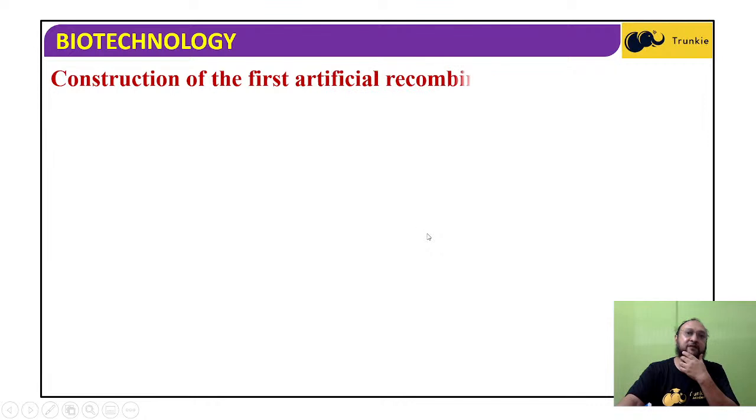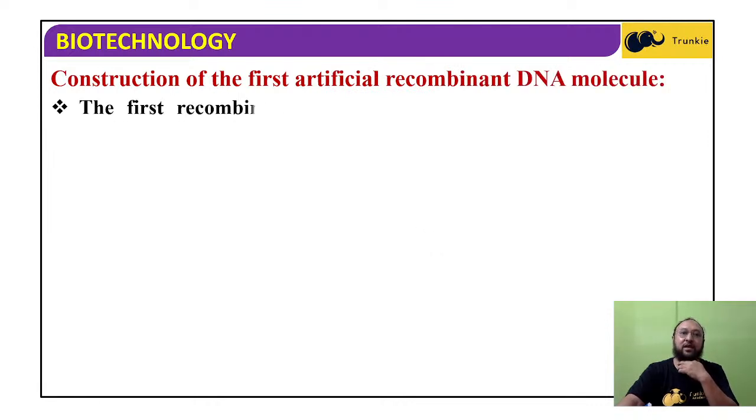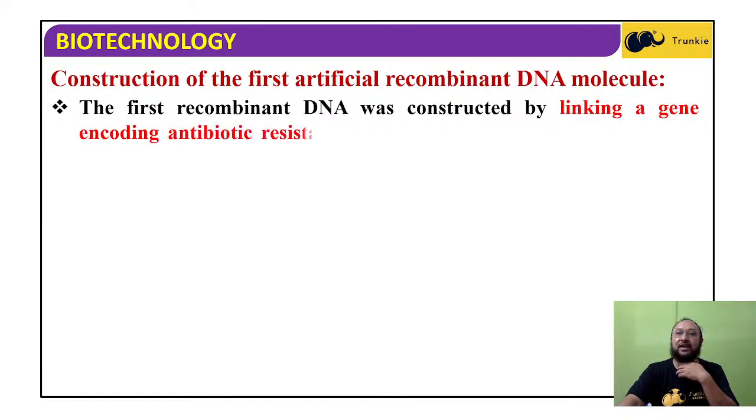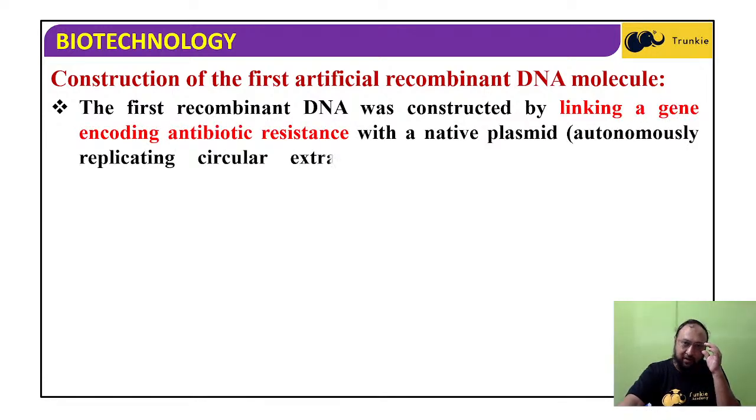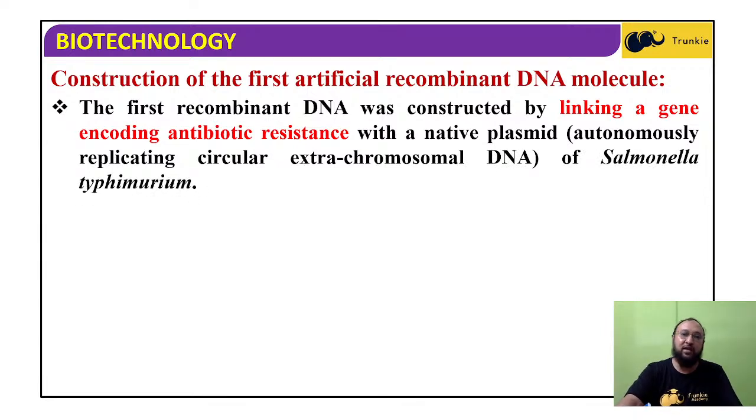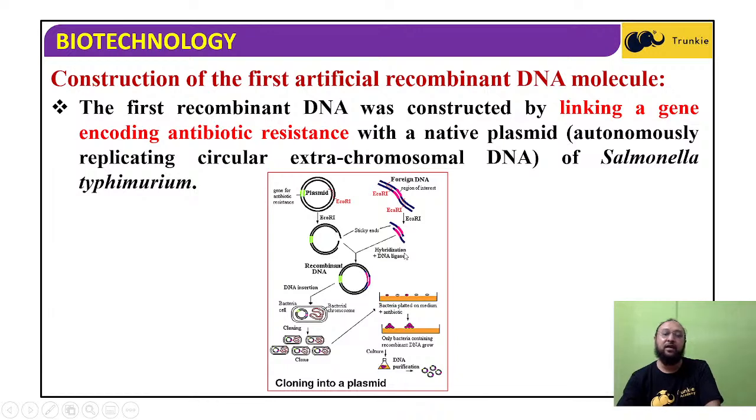Now, construction of the first artificial recombinant DNA molecule: the first recombinant DNA was constructed by linking a gene encoding antibiotic resistance with a native plasmid, an autonomously replicating circular extrachromosomal DNA of Salmonella typhimurium bacteria. Now try to understand this one.